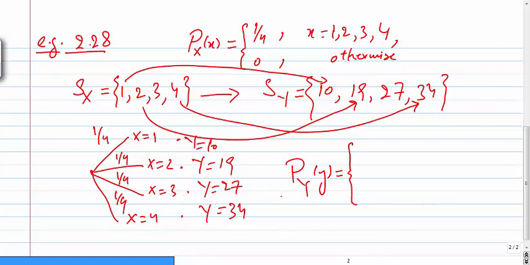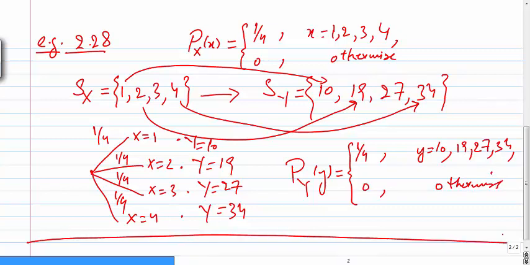It becomes 1 by 4 because the probability is the same, but instead of 1 we have y equal to 10, then 1 by 4 for 19, 27 and 34, and otherwise it is 0.